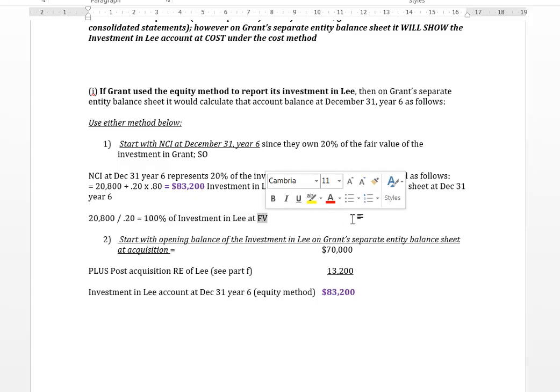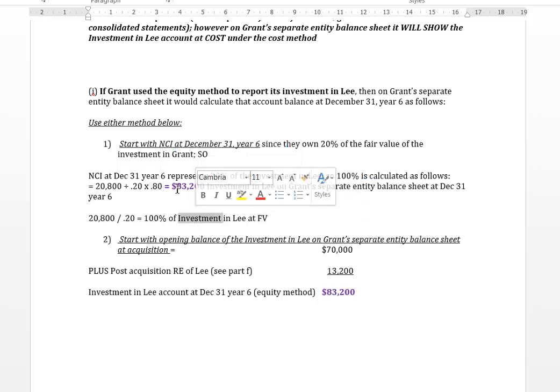As Grant, I want to show on my equity-based balance sheet, separate entity, my 80% share. So that's why we multiply it by 80%. Doing that tells me that the investment in Lee account on Grant's separate entity balance sheet at December 31st, year 6 is going to be $83,200. All right? That's one way you can do it.